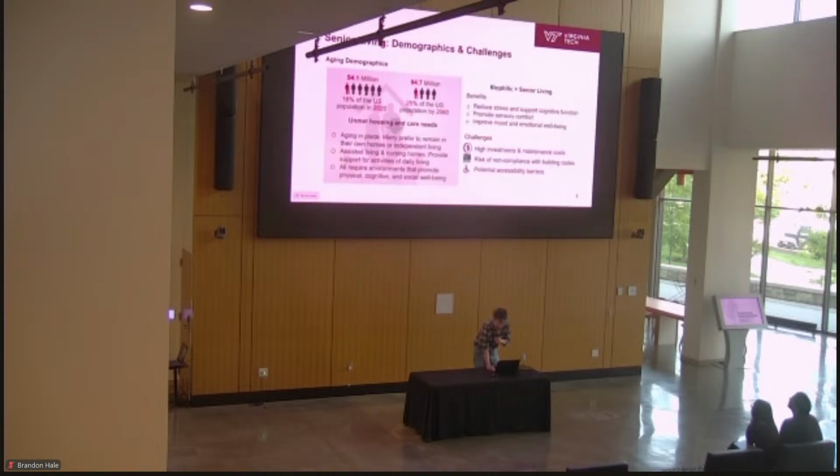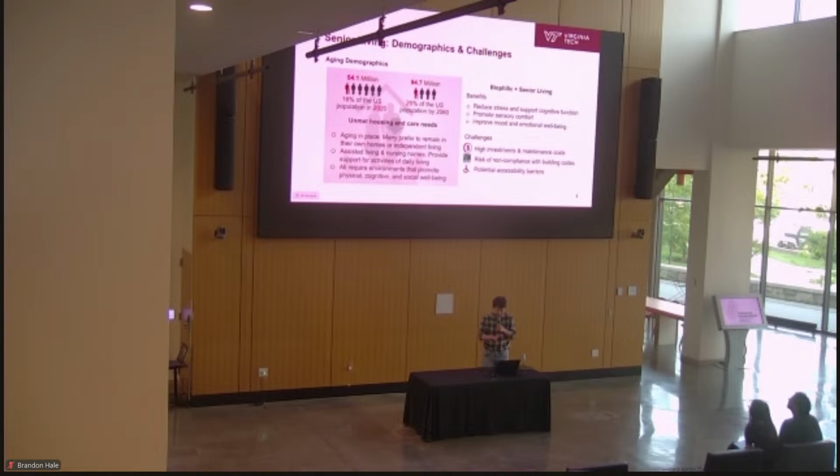A very important growing population that might benefit from biophilic design is the seniors, the older adults. In 2020, we have 54.1 million people, that's 16% of the entire US population, older than 65 years old.